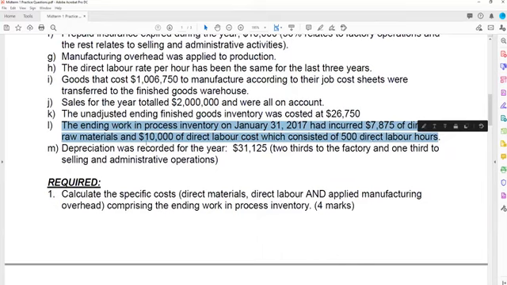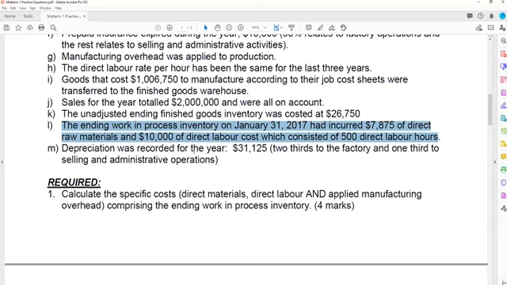This instead could have been a way to calculate the wage rate as well. We could have divided 10,000 by 500 to get $20 for the wage rate. So there were two places in which the hints were hidden to calculate the direct labor wage rate.